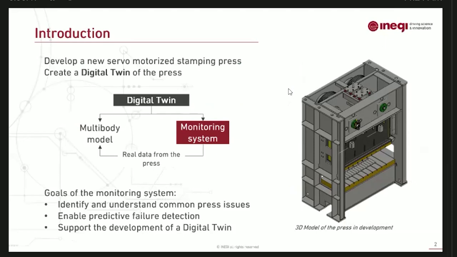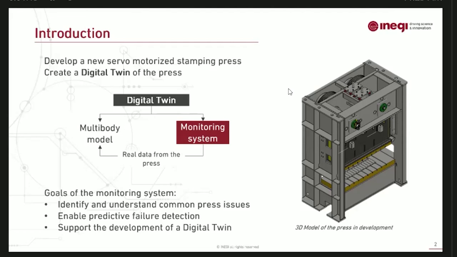This digital twin has two components, a multi-body model of the press, and a condition monitoring system that will use data from sensors that are on the press to monitor its condition. And in the future, we'll use that data to feed the multi-body model so that we can have a digital model that is very approximate to the reality of the press.